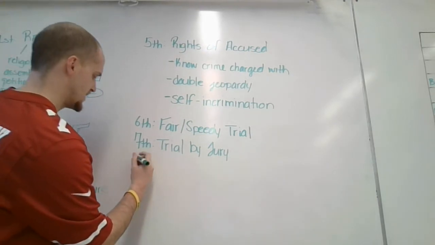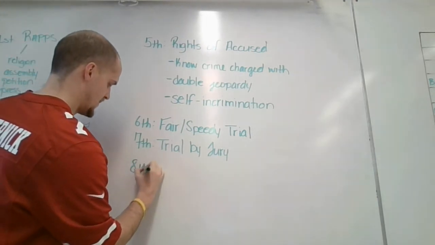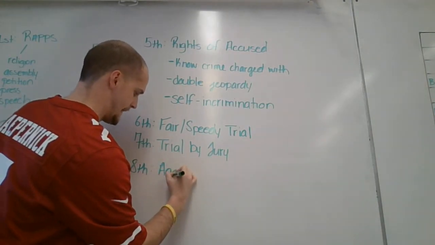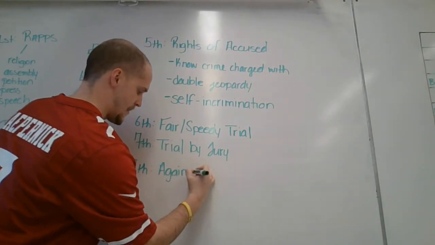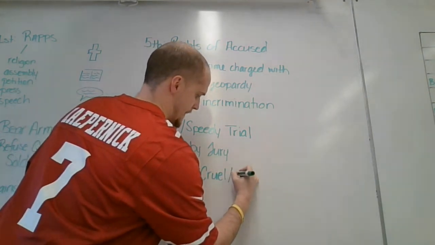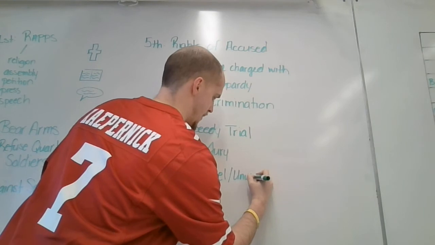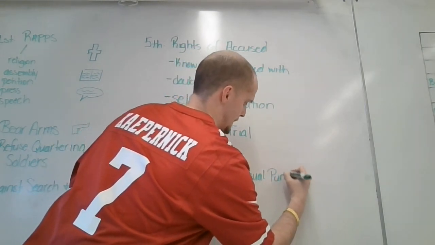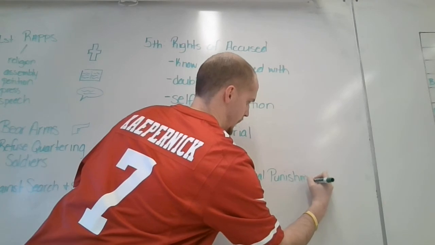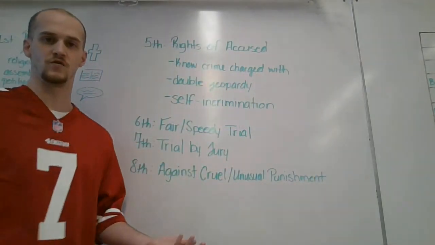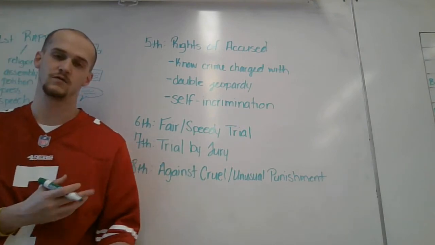Number 8, that is the right against cruel and unusual punishment. Again, kind of vague, because what one person deems cruel and unusual may not be cruel and unusual to another.